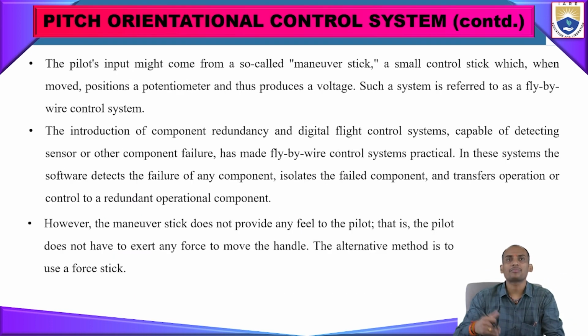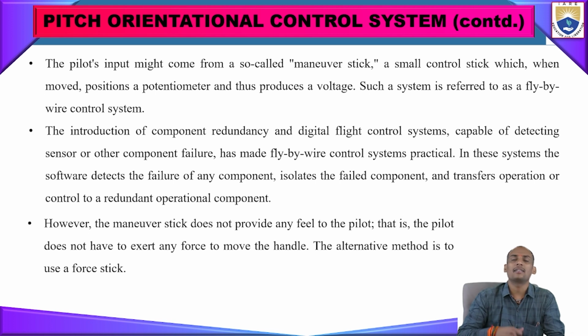The pilot input comes from the so-called maneuvering stick, a small stick which, when moved, changes the position of a potentiometer and thus produces a voltage. Such a system is referred to as a fly-by-wire system, which we also saw in last classes.